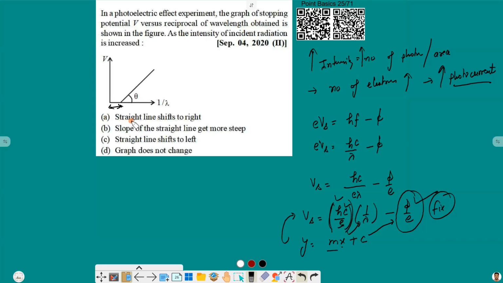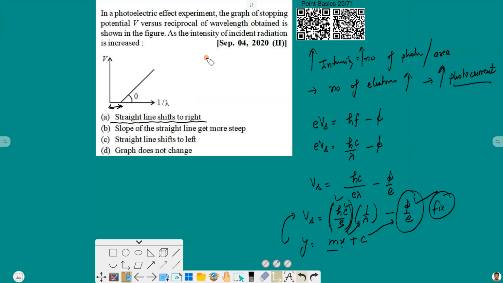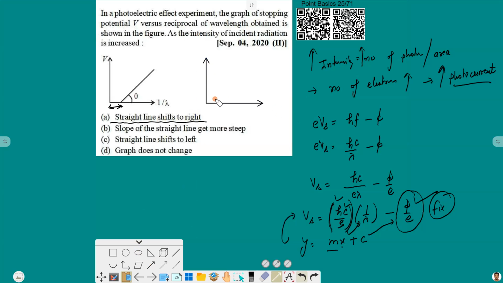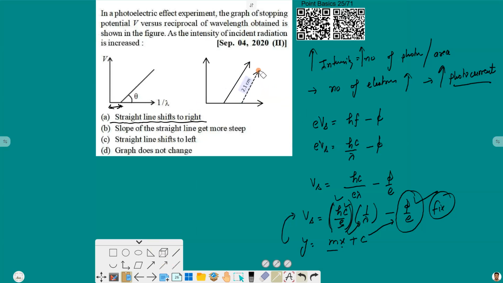So as mentioned earlier, that straight line shifts to right. This line shifting to right means, let me draw that. Suppose this is our axis, and as mentioned the line shifts to right. Suppose this is the original line, and if it shifts to right, after shifting it becomes like this, or if it shifts to left, it becomes like this.